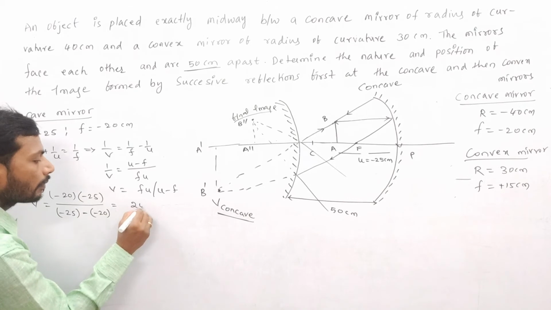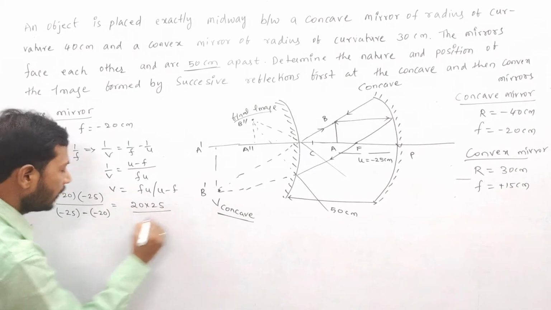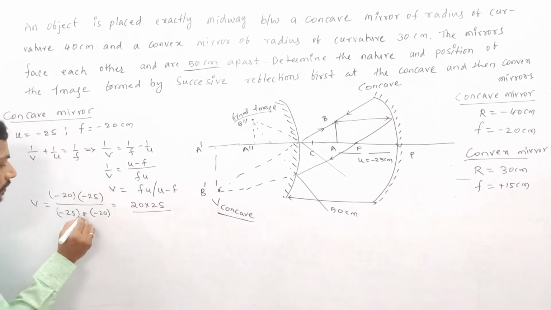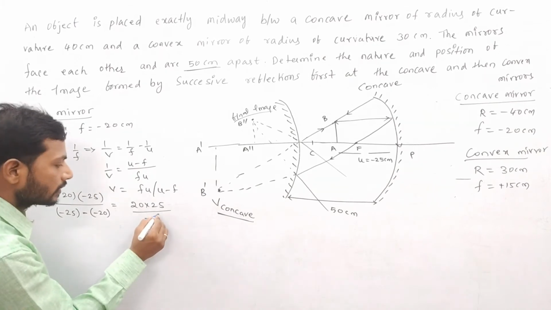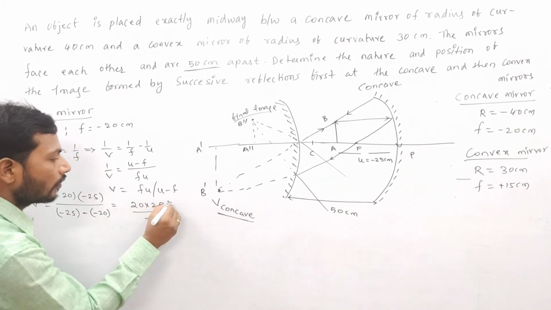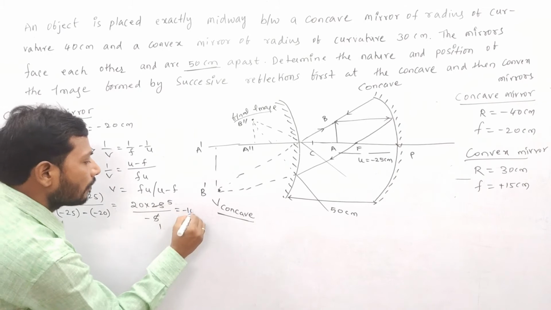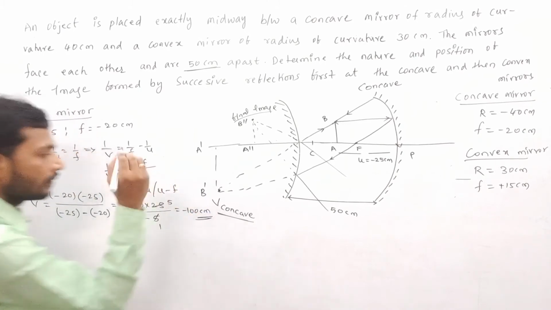Minus into minus gives plus, so 20 into 25 divided by minus 25 plus 20, which is minus 5. The answer is minus 100 centimeter.